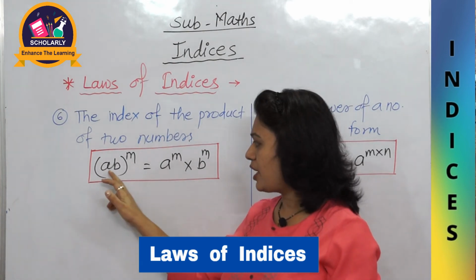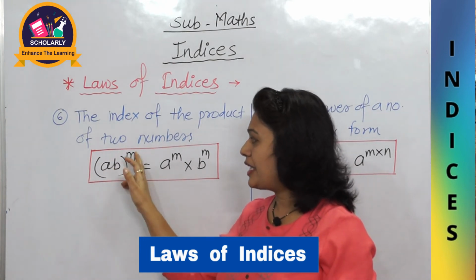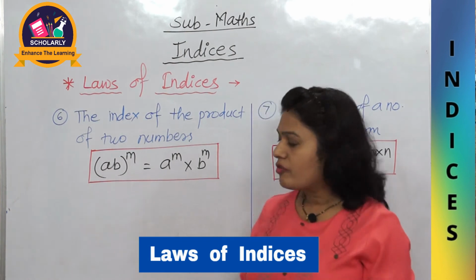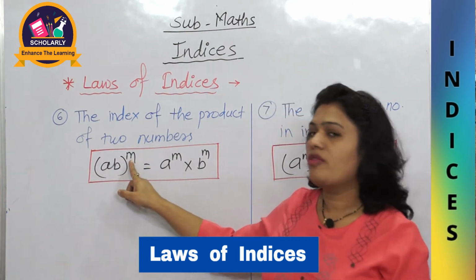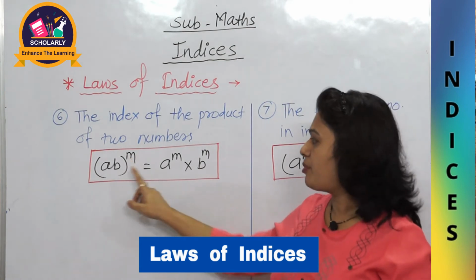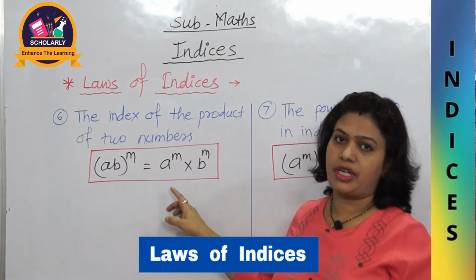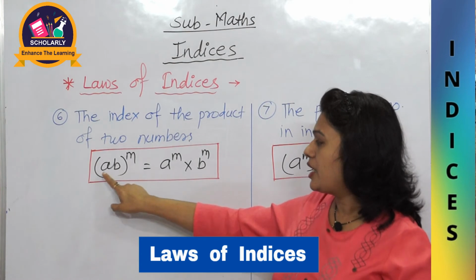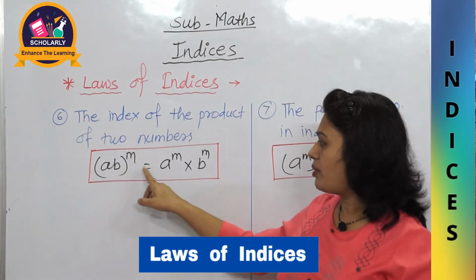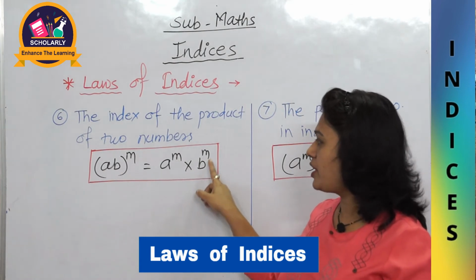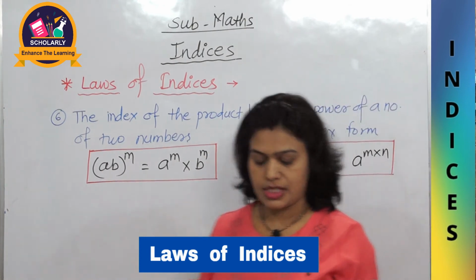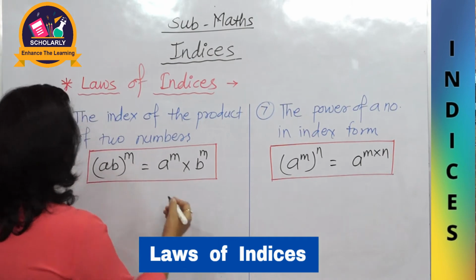That means A into B, bracket raised to M. Whenever numbers are given like this, then the power or the index is applicable for the two numbers separately, or we can write them like this: AB bracket raised to m is equal to A raised to m multiplied by B raised to m.